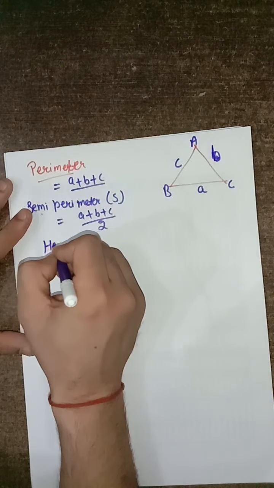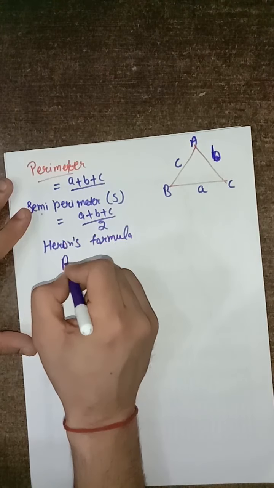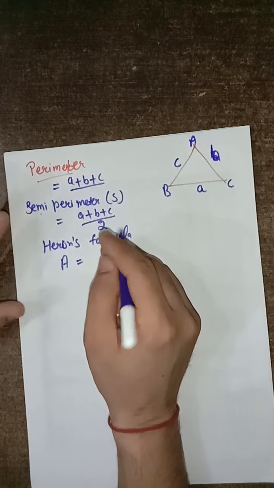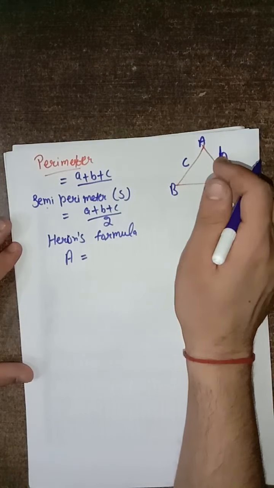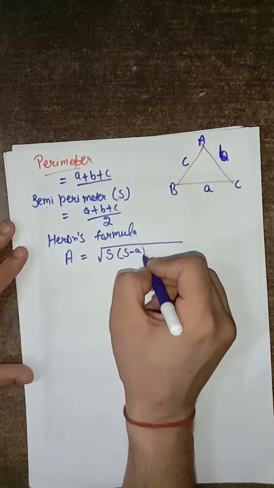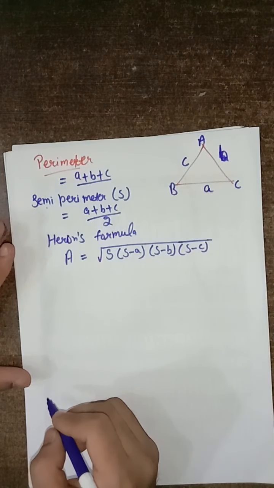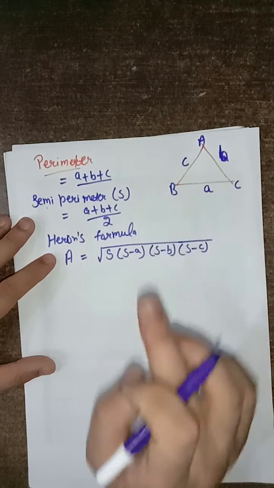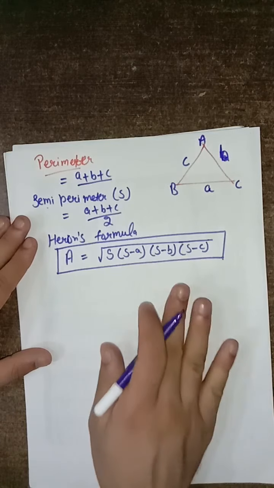Now Heron's formula says that the area of a triangle ABC whose sides are A, B, C is the square root of S into S minus A into S minus B into S minus C, where A, B, C are the lengths of the sides and S is the semi-perimeter.